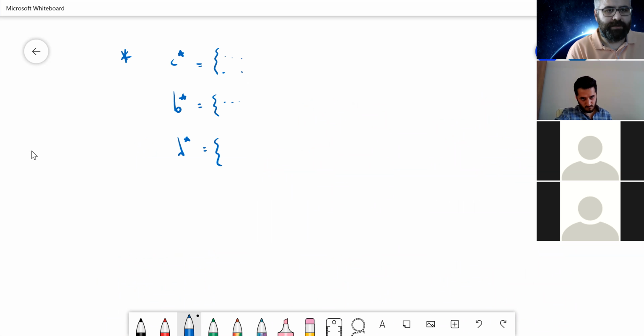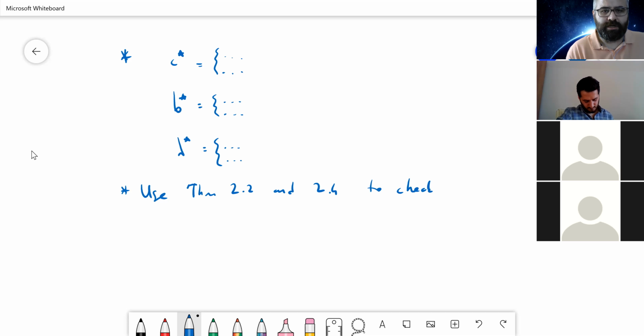Okay, and these will be piecewise functions. Use theorems 2.2 and 2.4 to check second order sufficiency conditions. Okay, and work on this problem.